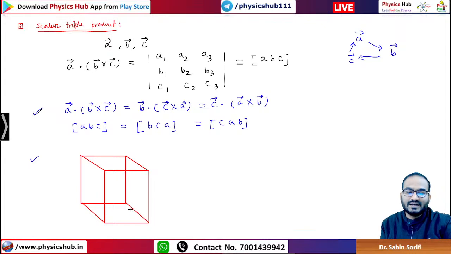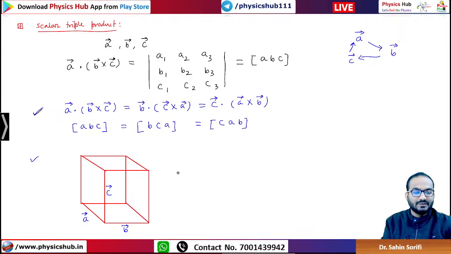If you know the three sides, and the three sides are designated by the three vectors A, B and C, then the volume of this parallelepiped will be given by the scalar triple product A dot B cross C.